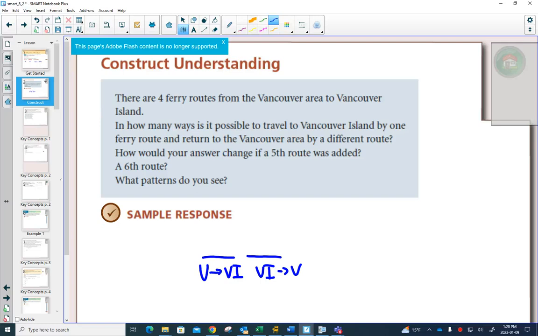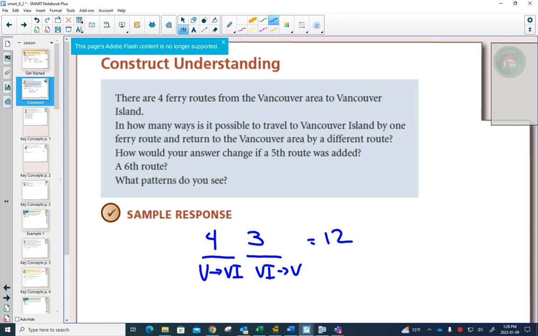Now normally there would be 16 in total, 4 ways there, 4 on the way back. But you're supposed to take a different route on the way back. So choices on the way there, you could take any 4 routes on the way there. But if you have to take a different route back, how many choices do we now have? 3, which gives us 12. If a 5th route was added, can you see that it would be 5 and then 4?